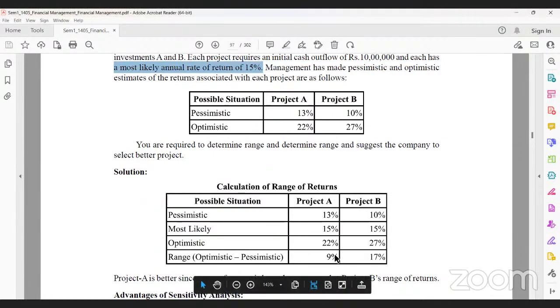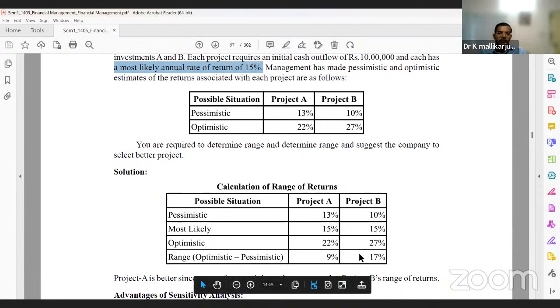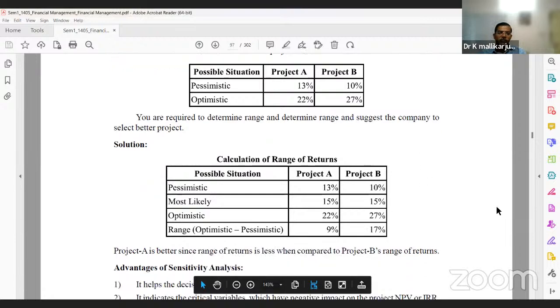The range for A is 9%, and for B it is 17%. Optimistic minus pessimistic: the gap for A is 9%, and for B the gap is 17%. A is better since the range of return is less when compared to B project.